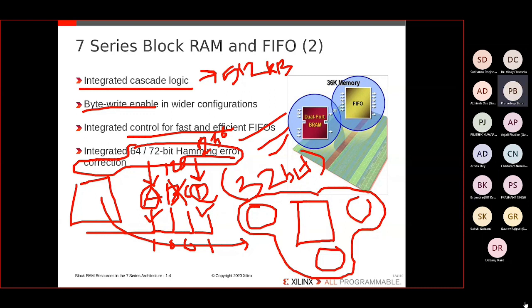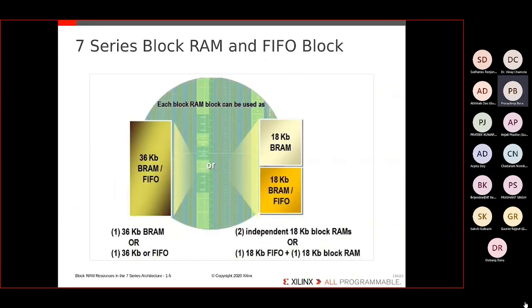Okay, so this is the block RAM. We have one chunk of 36 kilobits of block RAM, and the same block RAM can be divided into two independent 18 kilobit block RAMs or FIFOs, right?